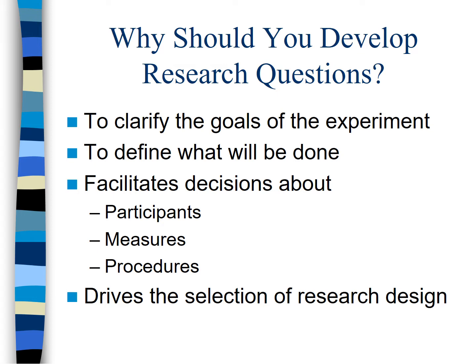We can decrease the effectiveness with which we're actually measuring what we're interested in. So we want to focus on measuring just a few things, and sometimes just one thing, that's going to lead directly to answering our research question. As we talk more about measures and how we choose measurement strategies, we're always going to link that back to the specific research question that we're trying to answer.